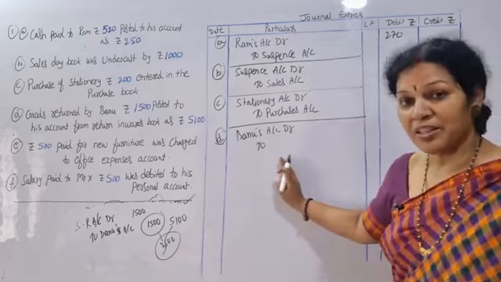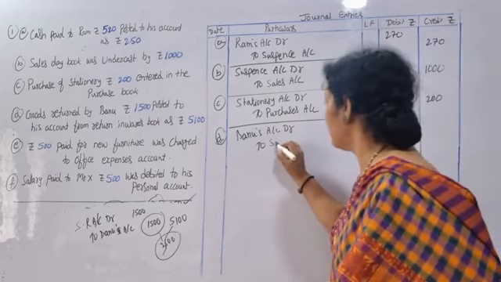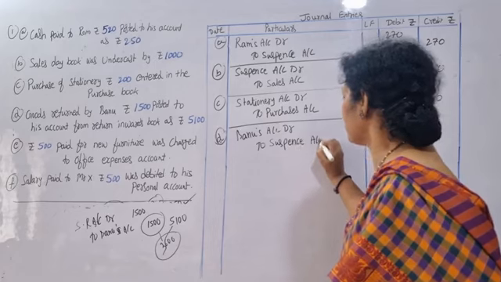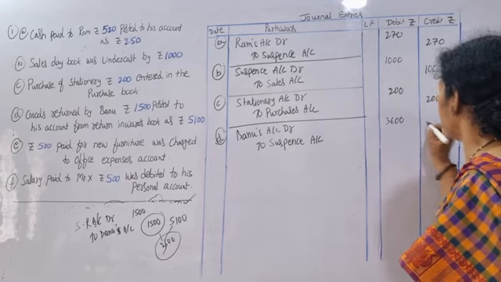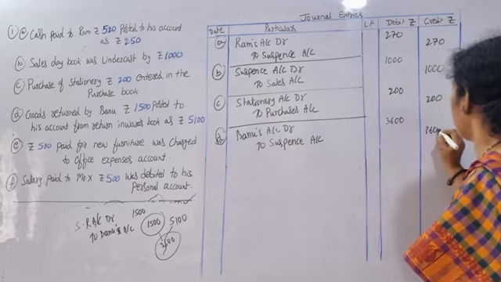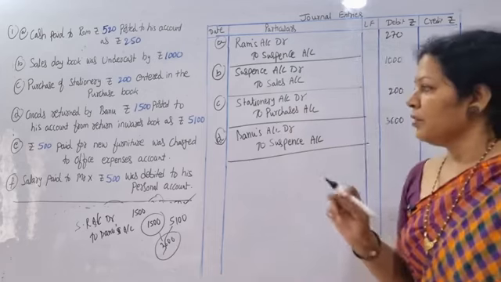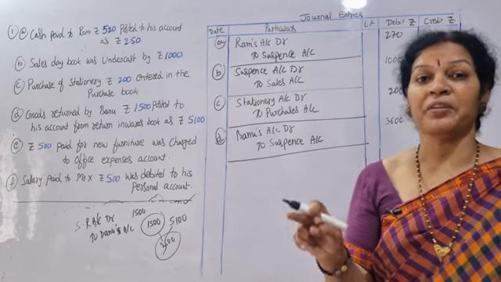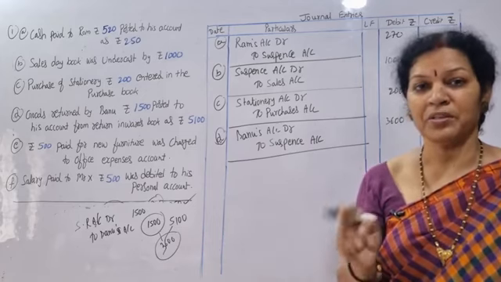Now what to write on the credit side? We have nothing to write, so we'll write the suspense account, 3600. Being overcasted amount in Banu's account rectified.